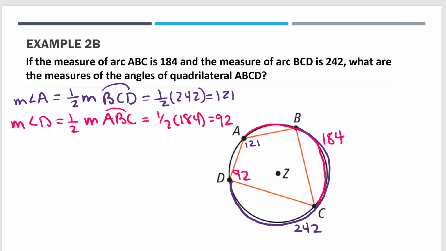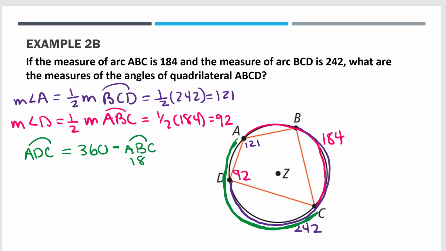Now let's identify the arc of ADC in green. So ADC, if I mark this in green, is 360, so the whole circle, minus arc ABC, and that is 184. So we get 176, and arc ADC is twice that of angle B. So the measure of angle B is 1/2 of the measure of ADC.